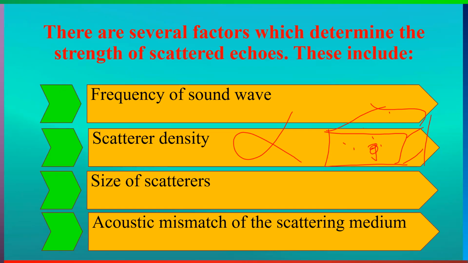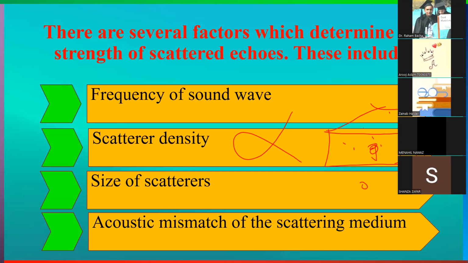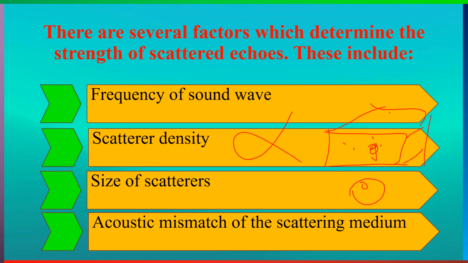But if the size of the reflector is smaller, there will be scattering, but that scattering will be small. If the size of the reflector is increased by a factor of 2, then the scattering will also become twice. So again, there is a direct relation between the scatter size and the scattering, a one-to-one, linear relation, right?